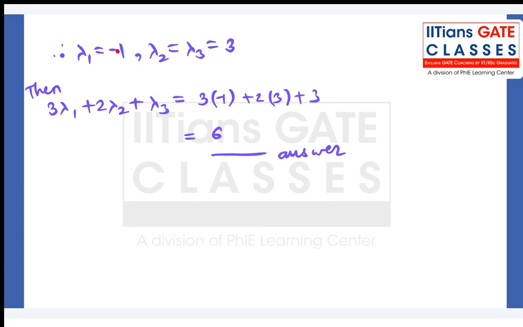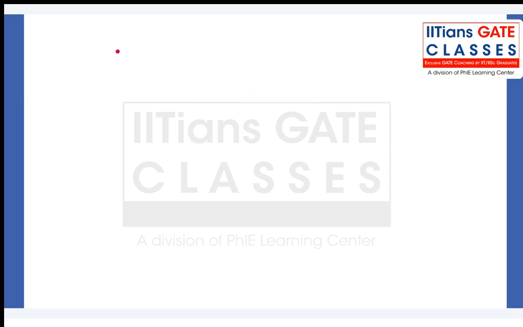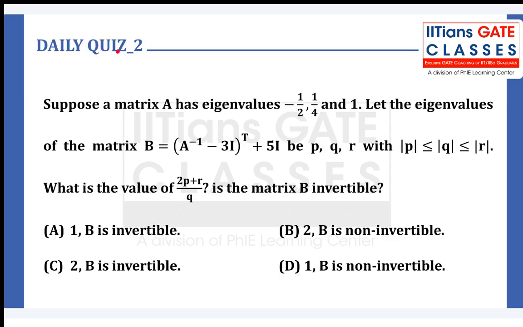The rest of the part is easier, because once you get the eigenvalues, the rest of the things are straightforward. You just have to arrange them and solve for them. Now let's go to the second question, where you have a matrix A whose eigenvalues are given as minus half, 1 by 4 and 1, and we define a new matrix B, which is a combination of matrix A inverse and some identity matrix operation.